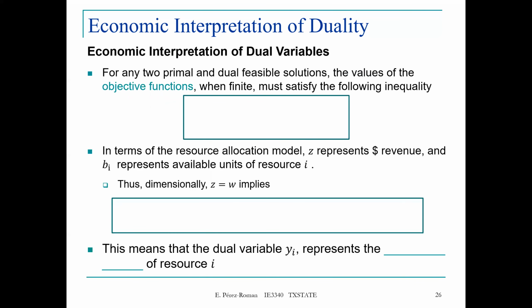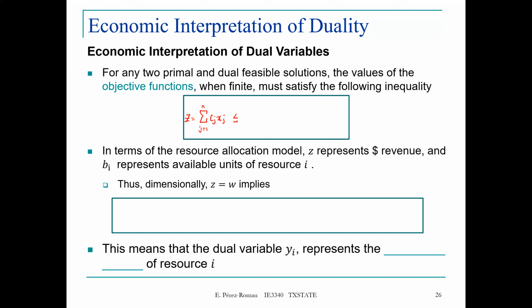So the economic interpretation of the dual variables: for any two primal and dual feasible solutions, the values of the objective functions, when finite, must satisfy the following inequality. I'm going to write down that inequality. Z, which is the objective function value for the primal, is equal to the summation from j equals 1 up to n of Cj xj.